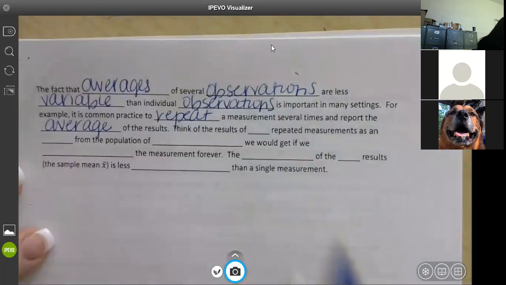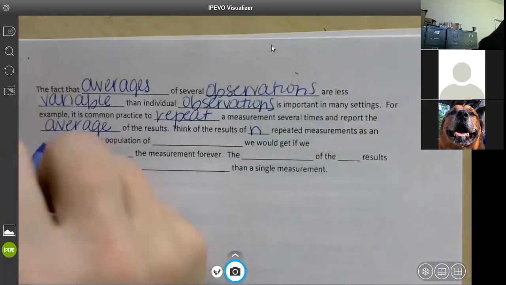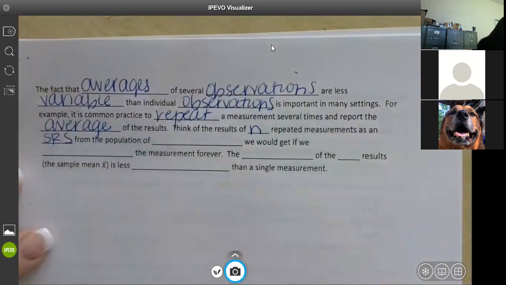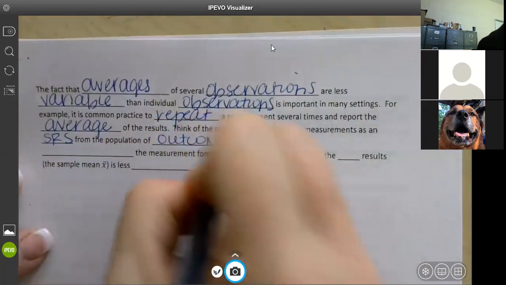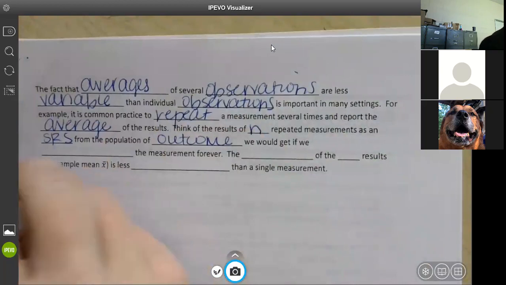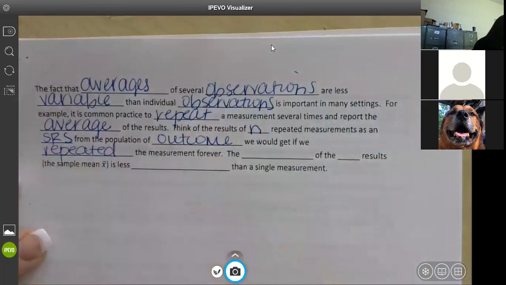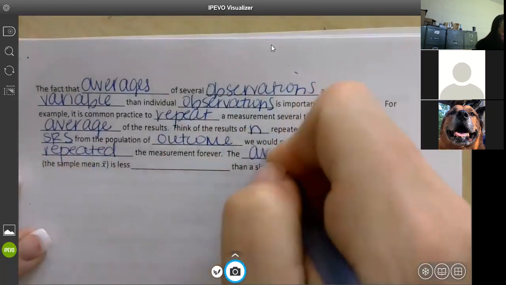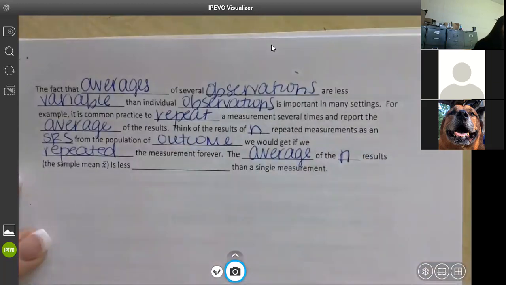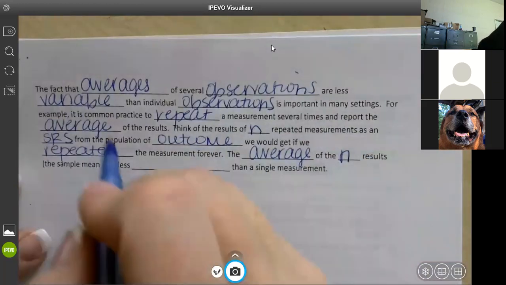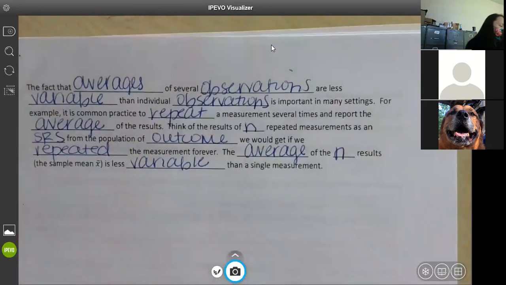Think of the results of n repeated measurements of an SRS from the population of outcomes we would get if we repeated the measurement forever. The average of the n results, or the sample mean X bar, is less variable than a single measurement.